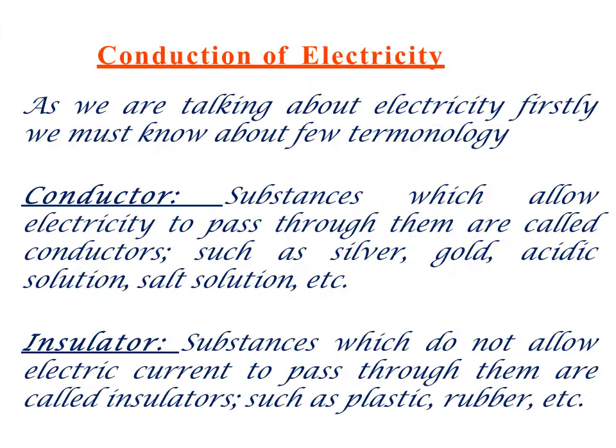Now we will move to what we mean by conduction of electricity, or how electricity is conducted. As we are talking about electricity, firstly we must know a few terminologies. Conductor. What do you mean by conductor? Substances which allow electricity to pass through them are called conductors.